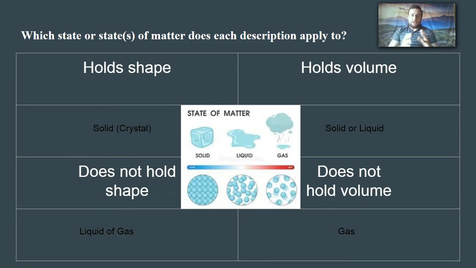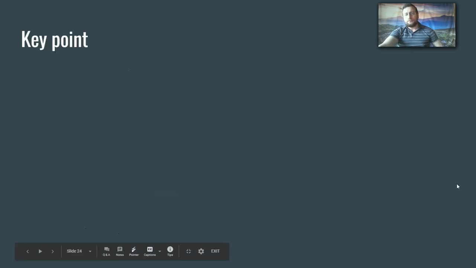Solids can stay in their shape because they don't have a lot of energy, and they're just vibrating in place, locked into a crystal. Liquids, as they move past each other, can hold their volume because there's somewhat of an attraction, but not their shape because there's not enough attraction to hold their shape. They move, they flow, right? The gas both flows and spreads because there's no connection at all between the molecules.